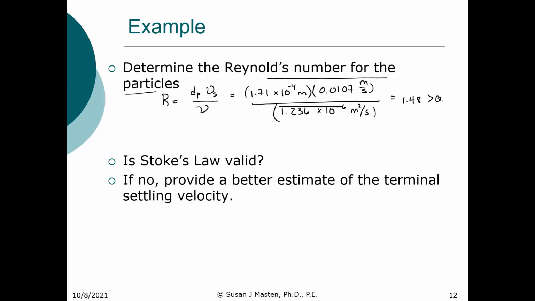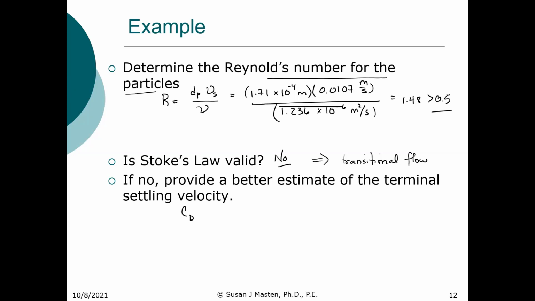So that is greater than 0.5, so we need to obtain a better estimate. So the answer is no, Stokes' law is not valid for the equation that we just used. So now we've noted that we have transitional flow, which means we need to use the more complicated and more general form of Stokes' law.